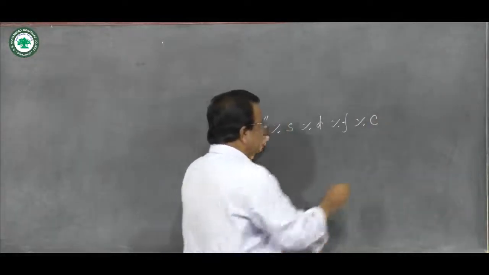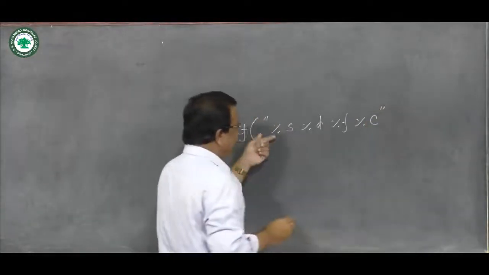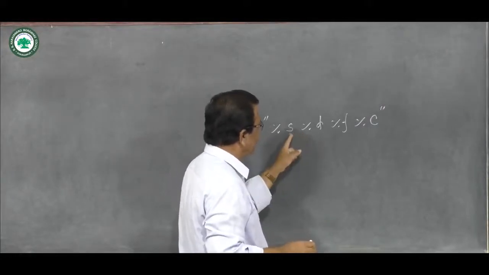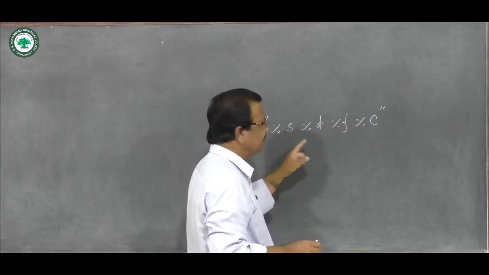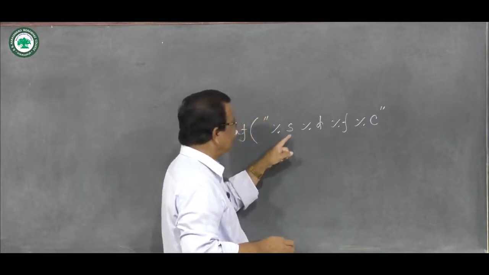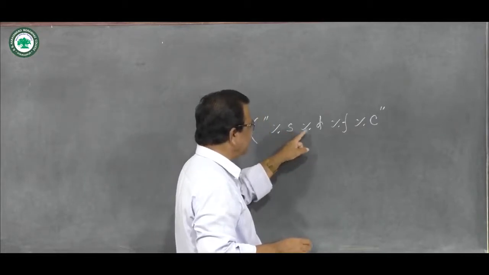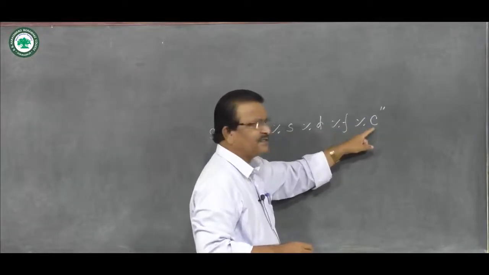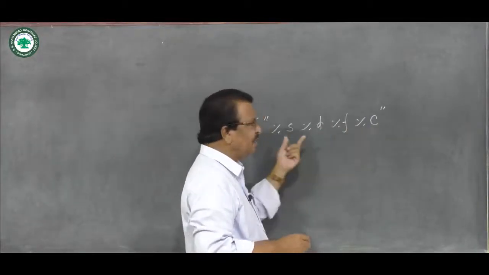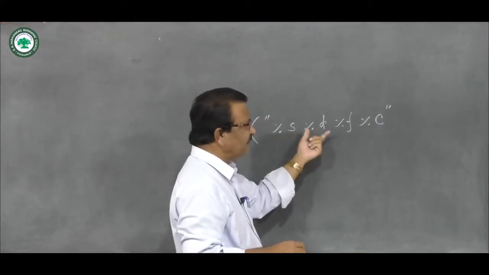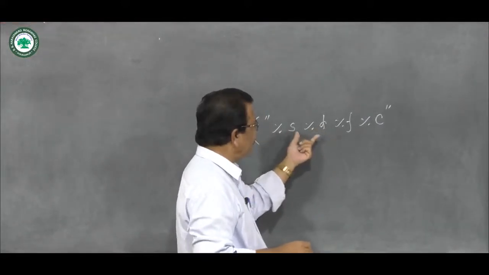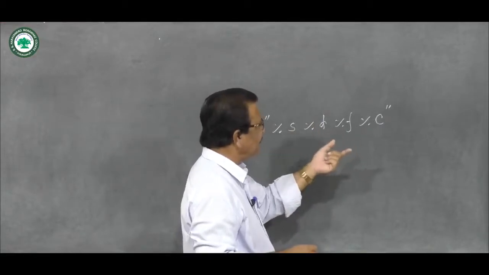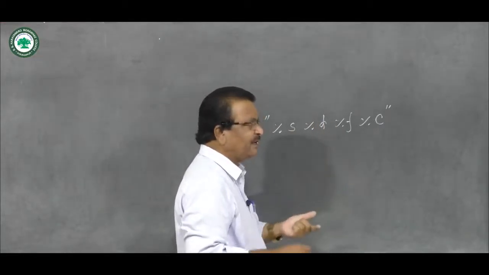In this control string I have written 4 character groups: 1, 2, 3, 4. There are 4 conversion characters, namely s for string, d for decimal integer, f for float, and c for character. Since 4 conversion characters are there, the number of arguments that follow will be 4.